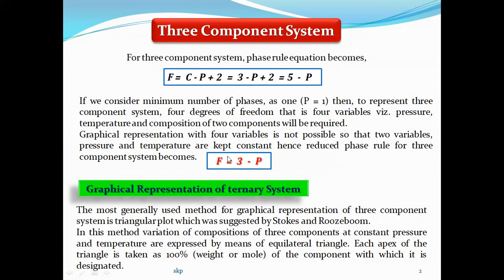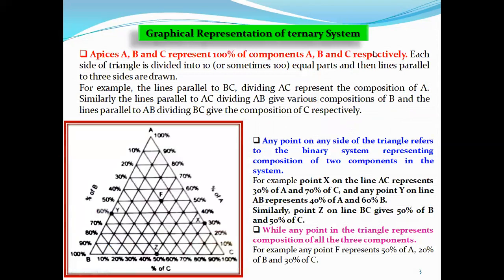You can see here a triangle. Generally, the phase diagram involves a simple two-dimensional plot in which the x-axis and y-axis are present, and we give temperature or pressure as a parameter for the x and y axes.